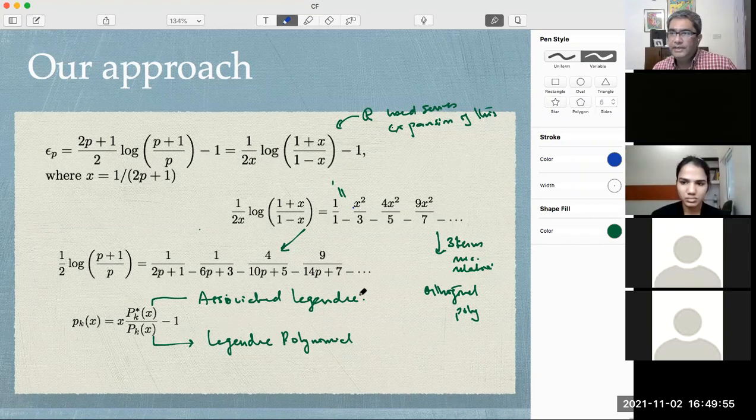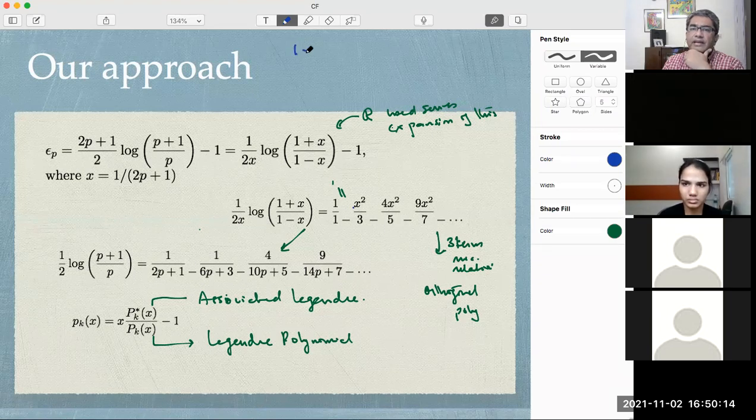Sorry, Gaurav, yes. I'm just not familiar with this continued fraction notation. I think that is the question she was also asking. What is this notation for the continued fraction which you are using?